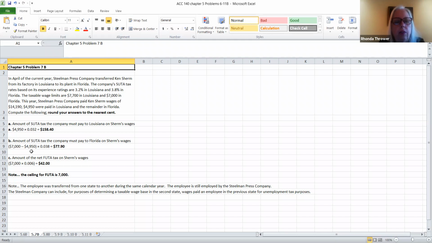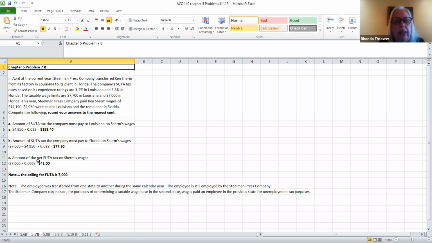So $7,000 minus $4,950. The difference is going to be multiplied by Florida's pseudo tax rate of 3.8%. The amount of pseudo taxes is $77.90 that they would have to pay to the state of Florida.